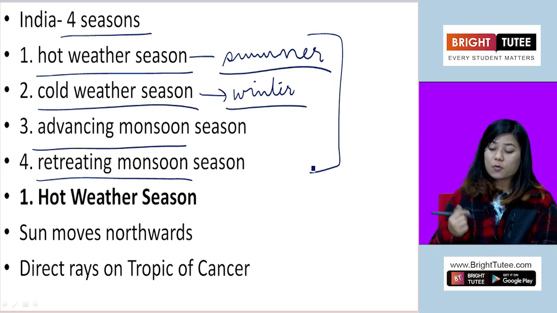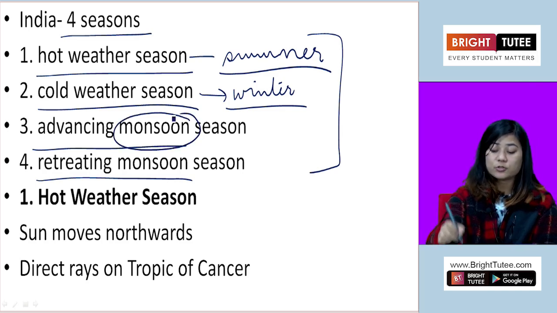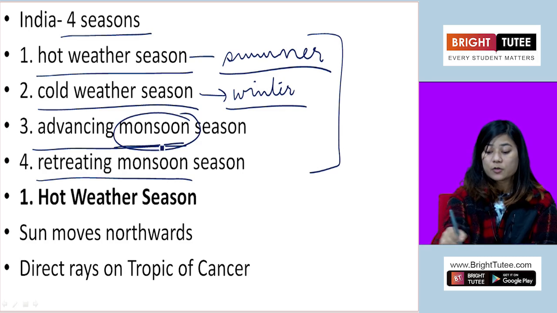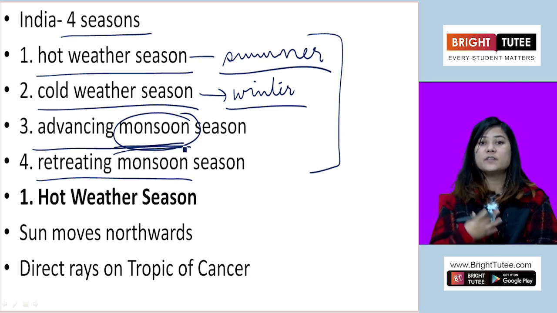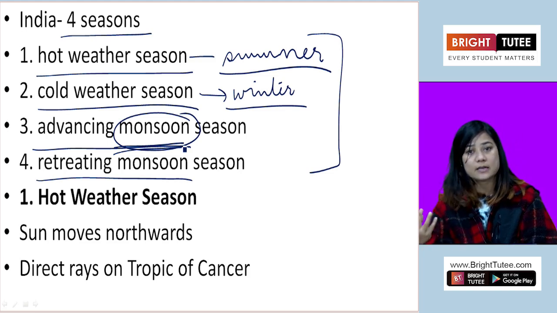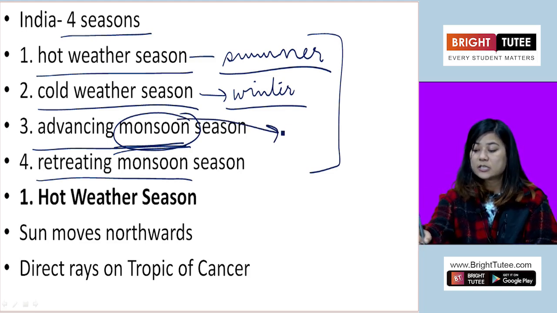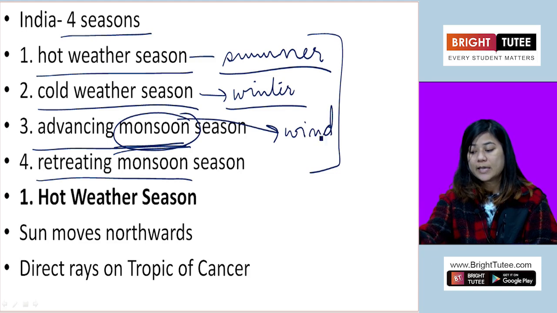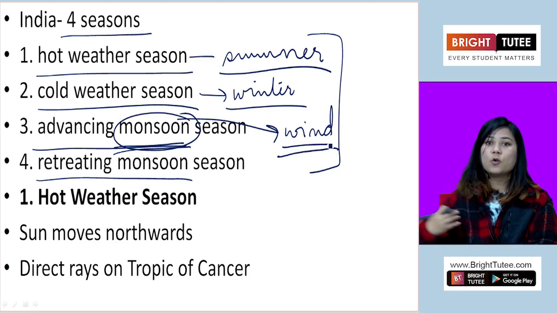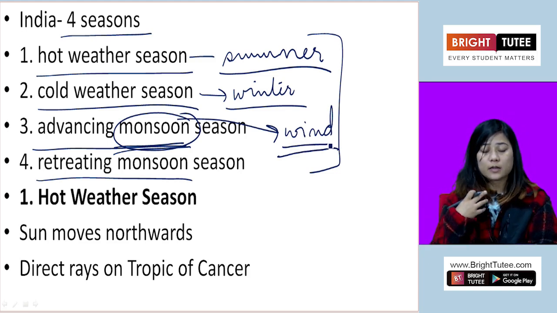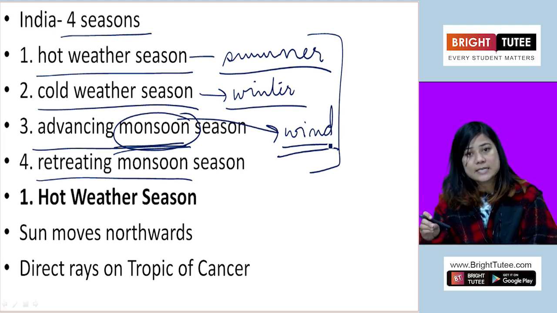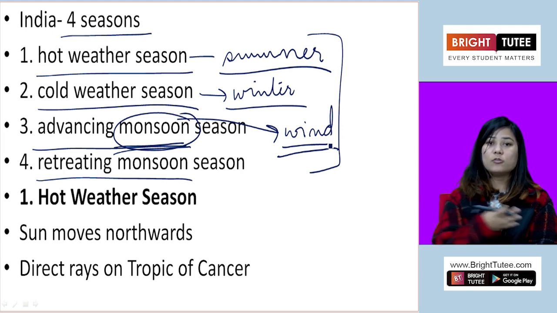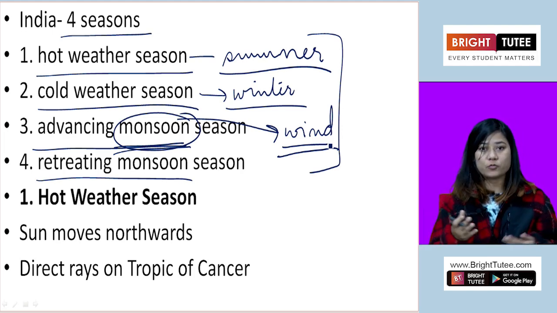Now before we go on, let me briefly ask you if you remember what monsoon means. We know that monsoon is not actually the rain. We often understand monsoon as rain, but monsoon is actually wind. It is the wind which flows, getting influenced by the rise or the decrease in temperature and also the direction that it flows.